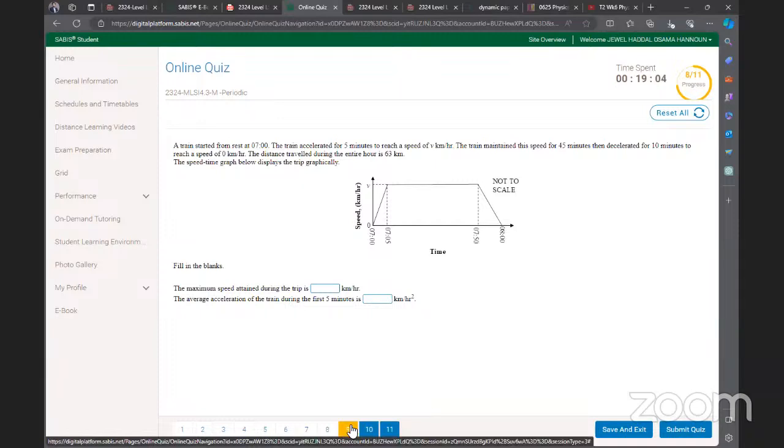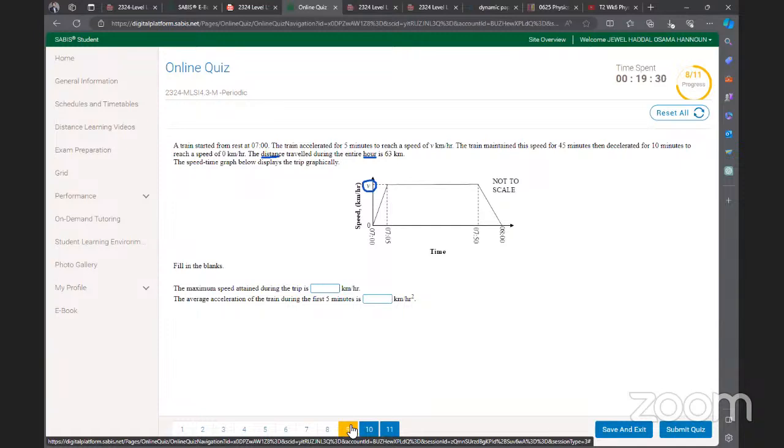Here in this question, it told me that the distance traveled during the entire hour became 63 kilometers. So the maximum speed, so what will be v? Here, this is the y-axis, it's about the speed.